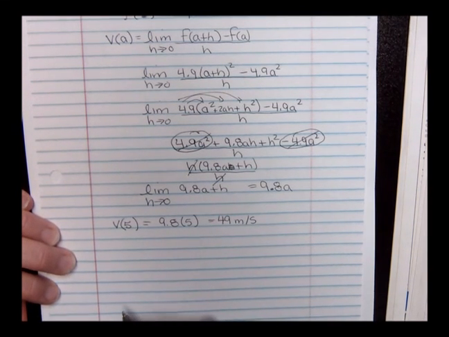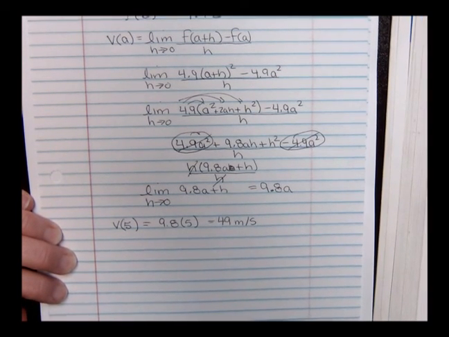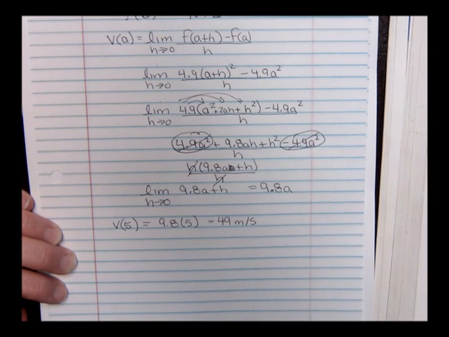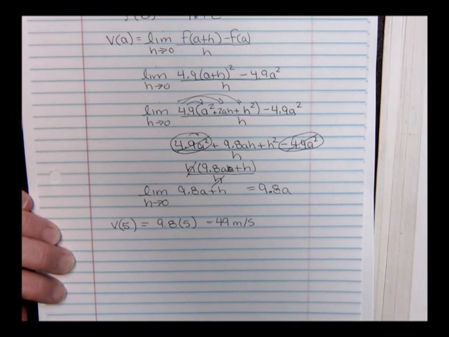Now, what about when it hits the ground? We know that it's 450 meters above the ground because that was given to us. So we want to know, will the ball hit the ground at the time t, when s of t equals 450?